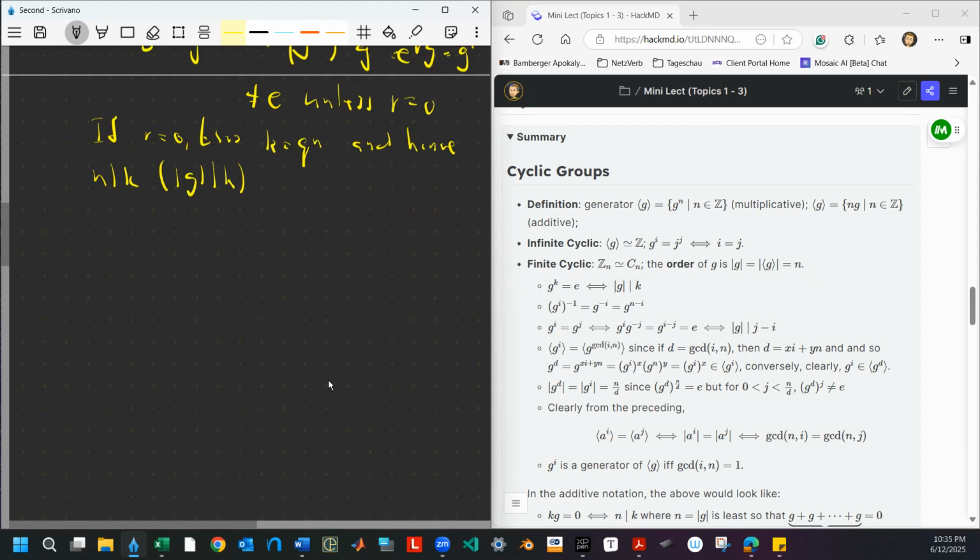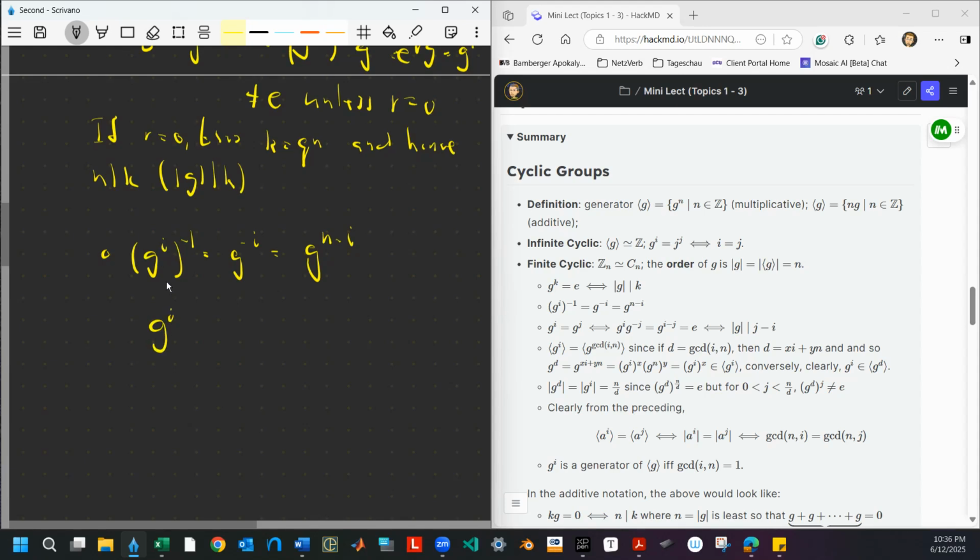I'm just going to work through the proofs of these things that are stated here. The next one says (g^i) inverse is equal to g^(-i), and this is equal to g^(n-i). Again, throughout this we have that the order of g is n. So how do we get this? Let's show that (g^i) inverse is that thing there, right?